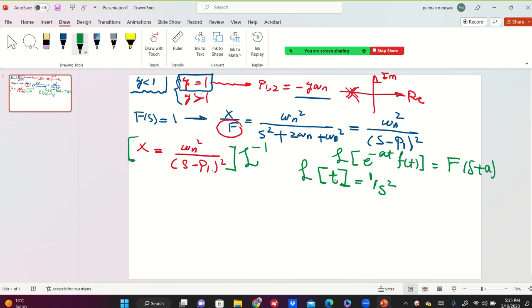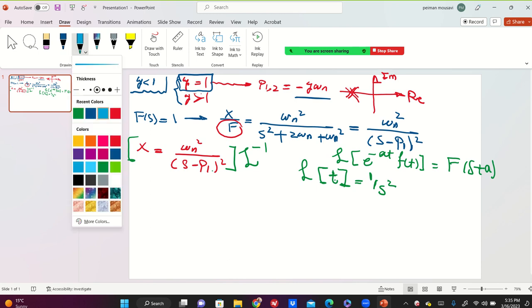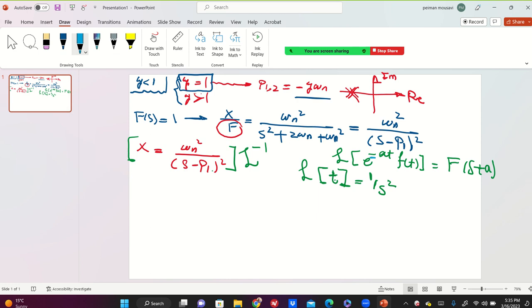To remind you, minus becomes plus and plus becomes minus. So you see that x of t is going to be omega n squared e to the p1 t times t. Does everyone understand what I have done?